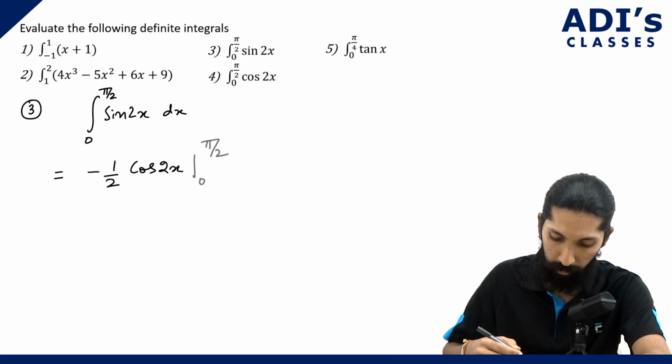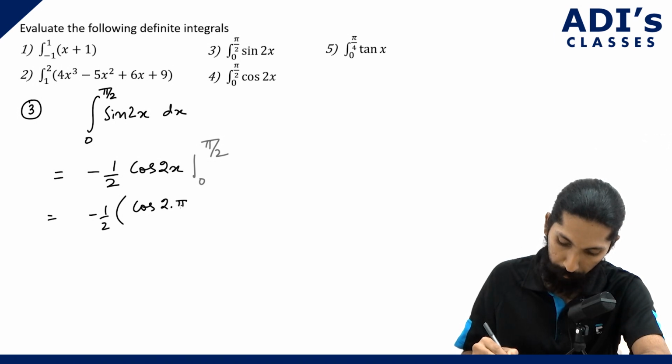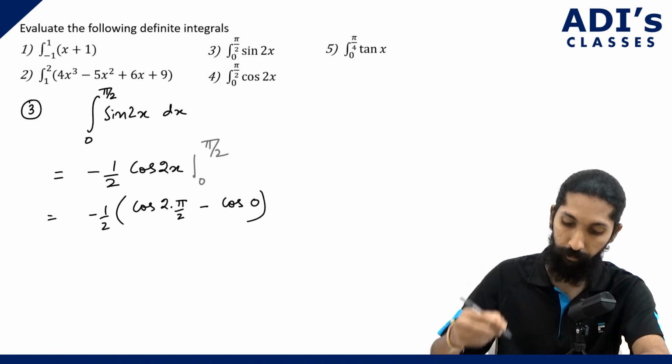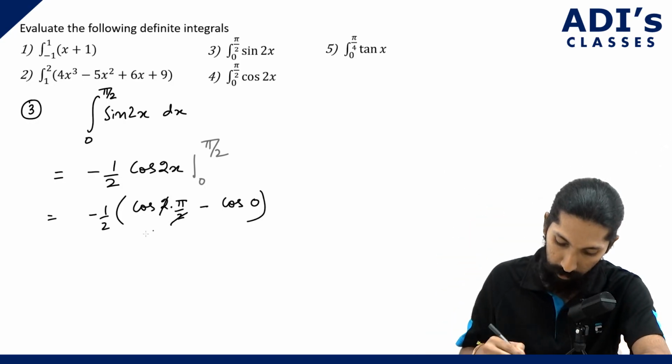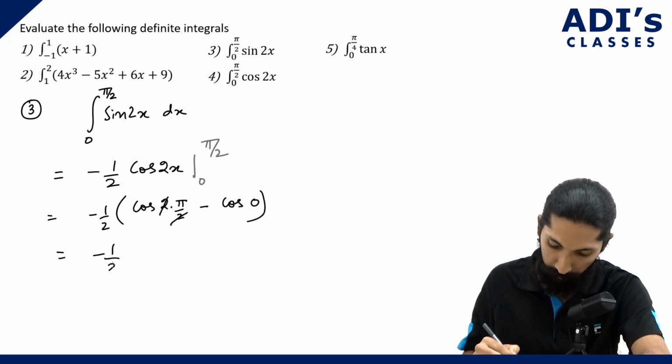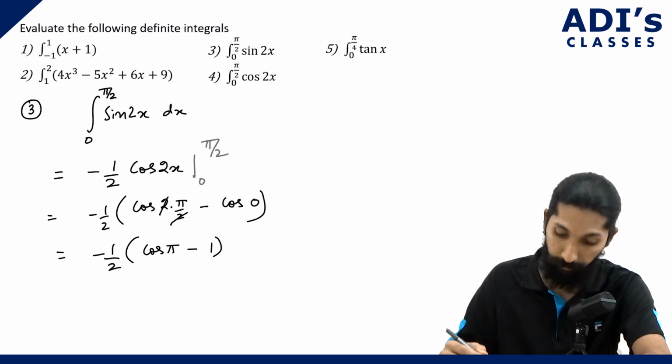Since you have this one, minus half into cos of 2 times pi by 2 minus cos 0. Because 2 into 0 is 0. This and this cancel. Minus half into cos pi minus 1. Cos 0 is 1.